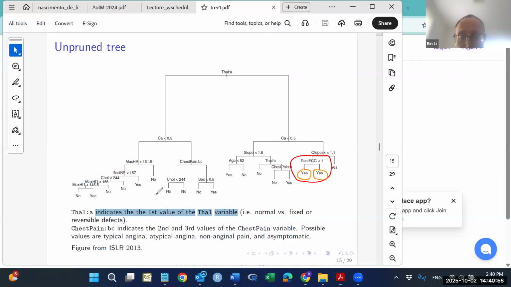You see that? And that's not the only one. If you look at this one, same thing. We have no and no. Does that seem to be very weird?